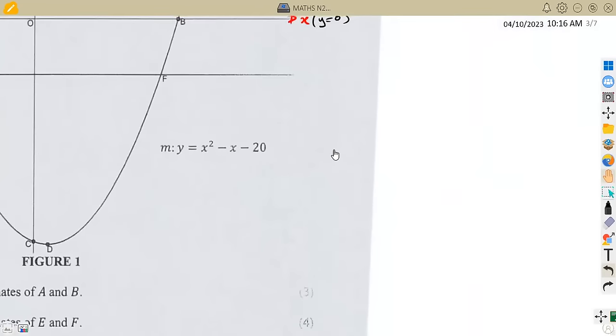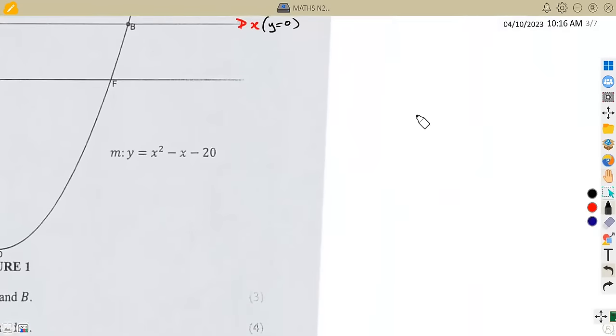That means we are calculating the x-intercepts where y is equal to 0. So from our equation y equals x squared minus x minus 20, we are saying at that point, y will be equal to 0.